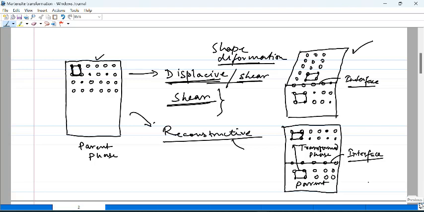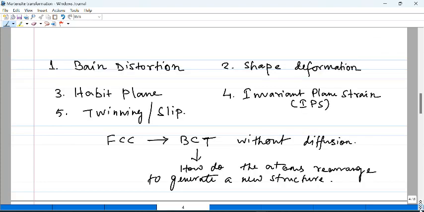So far, we have not done that. We have only understood how the atoms would move when the temperature is brought down below Ms. But how a unit cell of FCC is changing to a unit cell of BCT, from cubic to tetragonal, that is something that you need to understand. Okay. So that is a process which will be given by this particular term over here, Bain distortion.